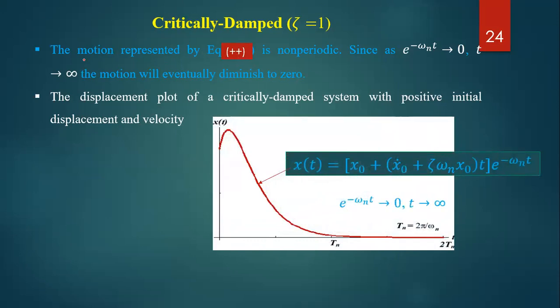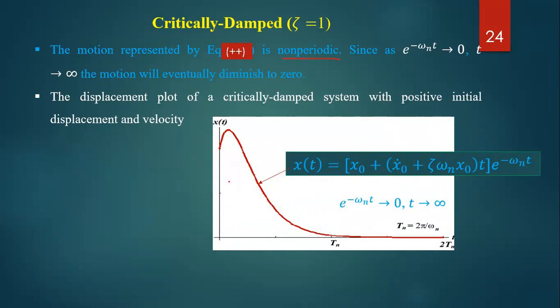The motion equation represented by this is non-periodic, since e to the power minus omega n t approaches 0 as t approaches infinity. So this is a non-periodic type of motion.